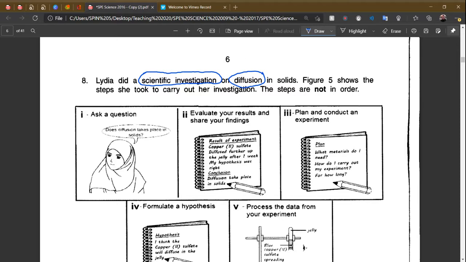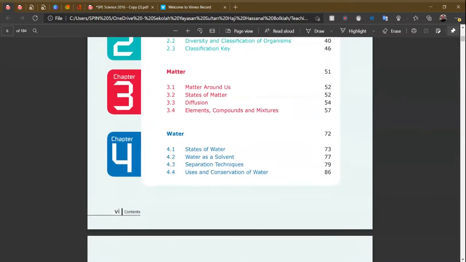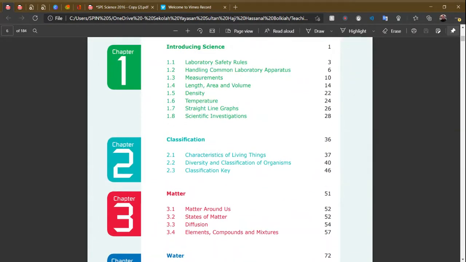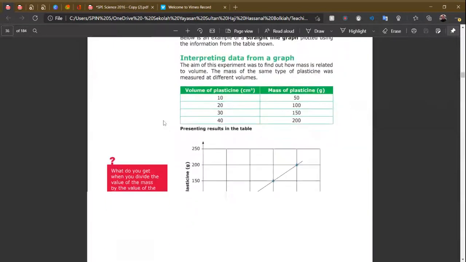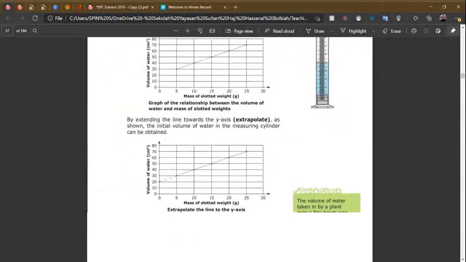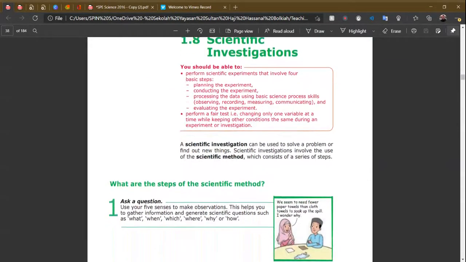So, you have to know the steps of scientific investigation, and if you don't remember, you can actually go to your textbook, and it's the last part of chapter 1, scientific investigation. You can have a look at page 28, and you can see that this one is about scientific investigation.